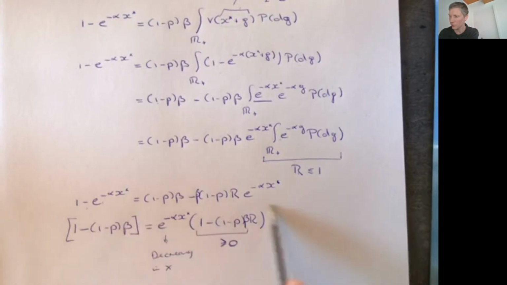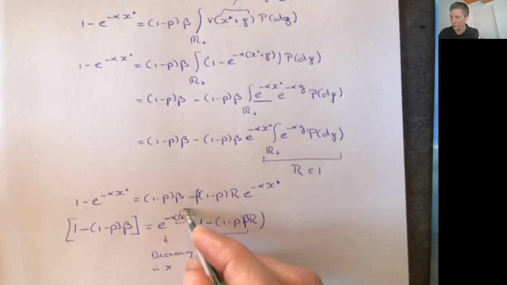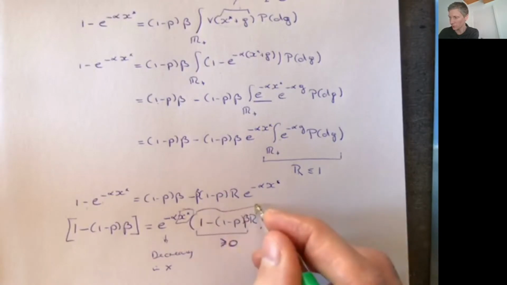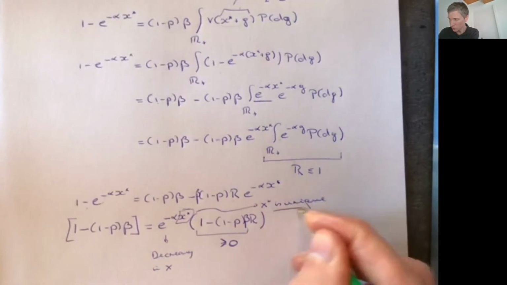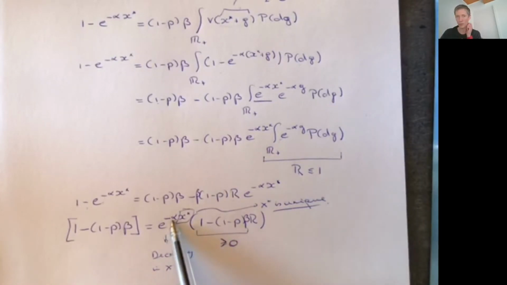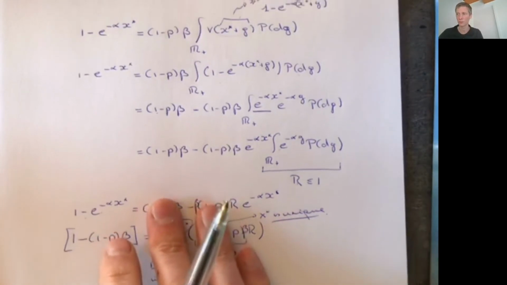So there's a unique x for which this equality will hold. Okay. Which is going to give me this x star. So this already shows that x star is unique. There will only be one, because this is a monotone function of x, this is fixed, so there's only one value of x star that satisfies this condition.